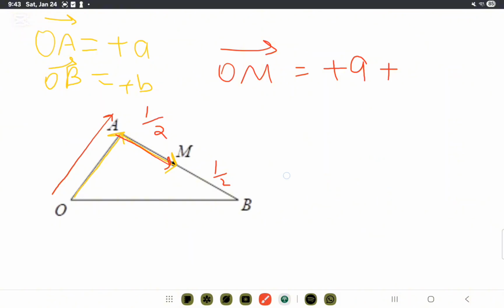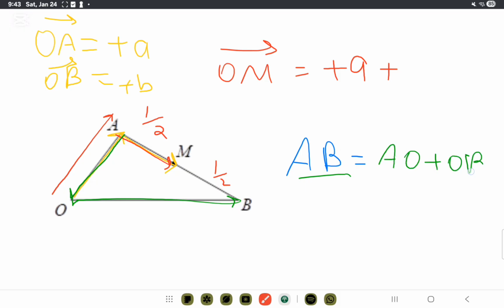So, basically, need to find AB first. How much is AB? They did not give us a definite value of AB, so we need to find it ourselves. So let me choose a color. Now AB. How do you find AB? It's going to be AO plus OB. How do I know this is correct? I can take these and just cancel, so I get AB.